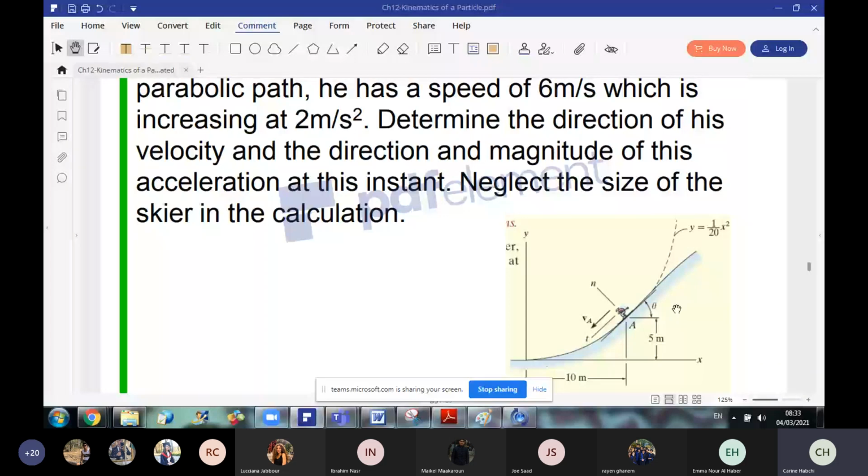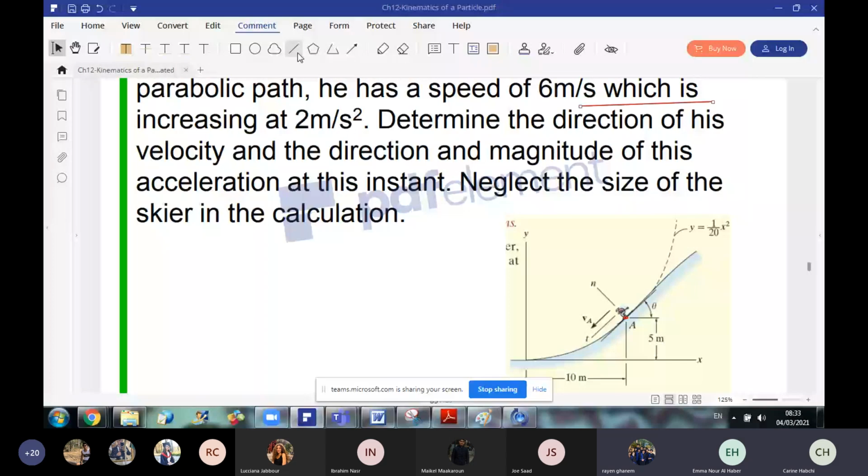And we know in particular that when passing by A, he has a speed of 6 meters per second. So VA is given, okay? And this speed is increasing at 2 meters per second squared. What does this sentence give me?